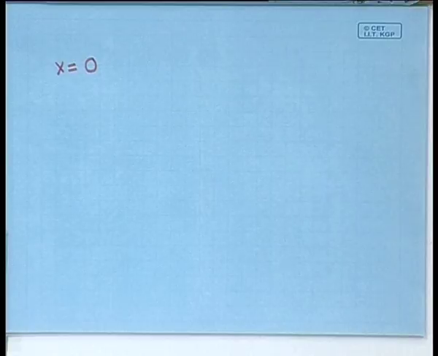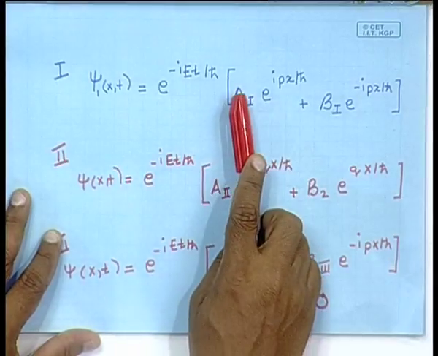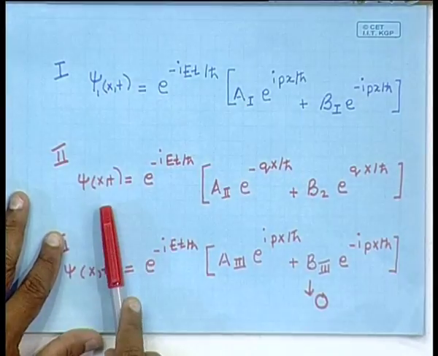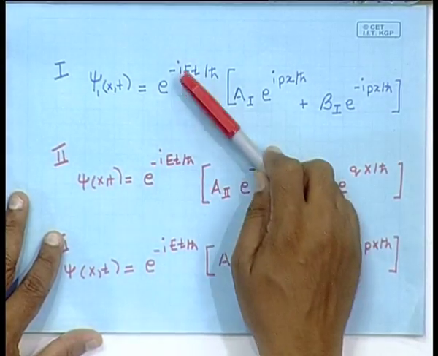So, the first boundary condition is that the wave function should be continuous across the boundary. So, at x equal to 0, psi 1 should be equal to psi 2. We really do not have to bother about the time part because they are already the same.